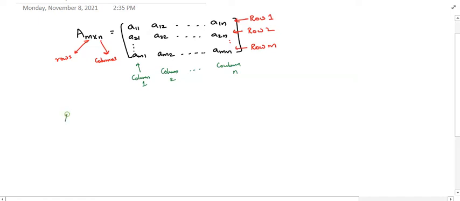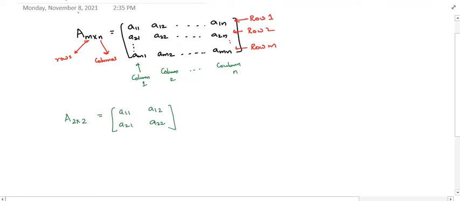Suppose A is a matrix of order 2 by 2. We say that it will be a matrix like this: A11, A12, A21 and A22. So what does this A11 mean?